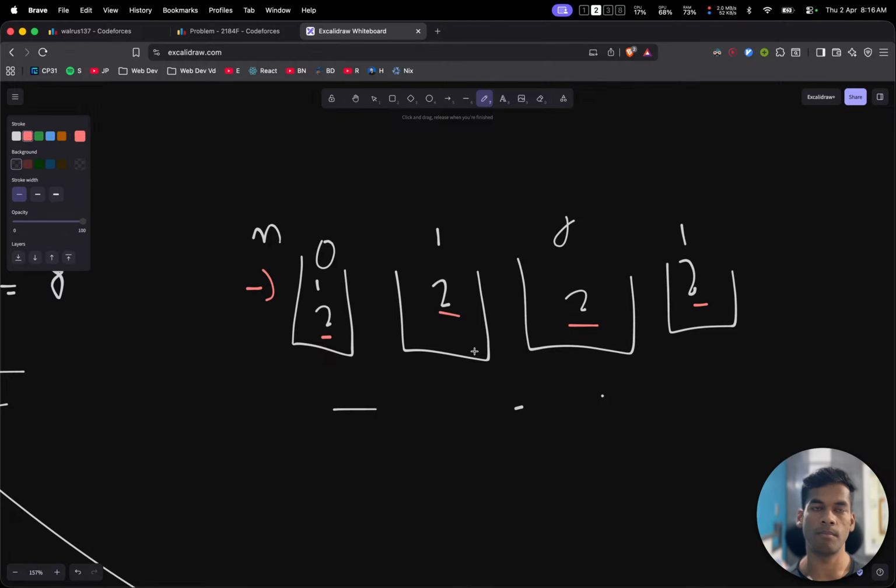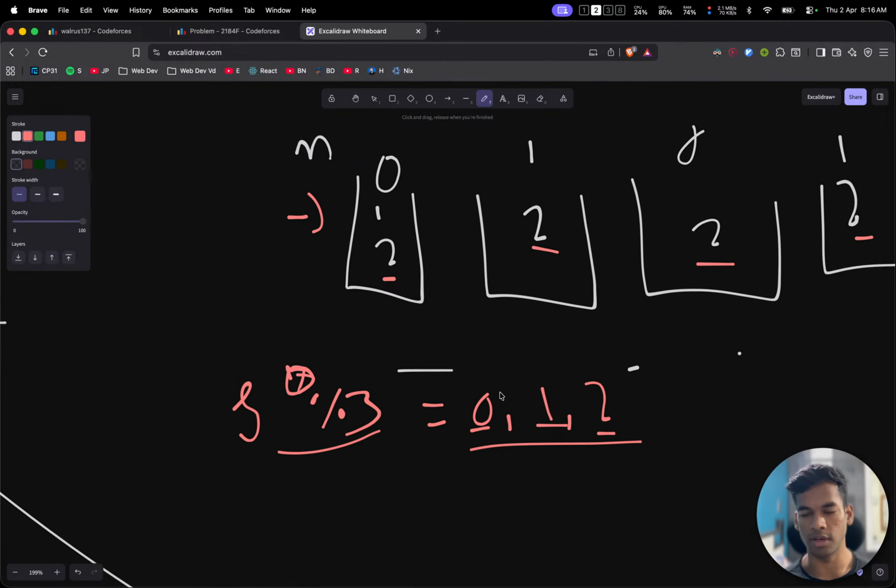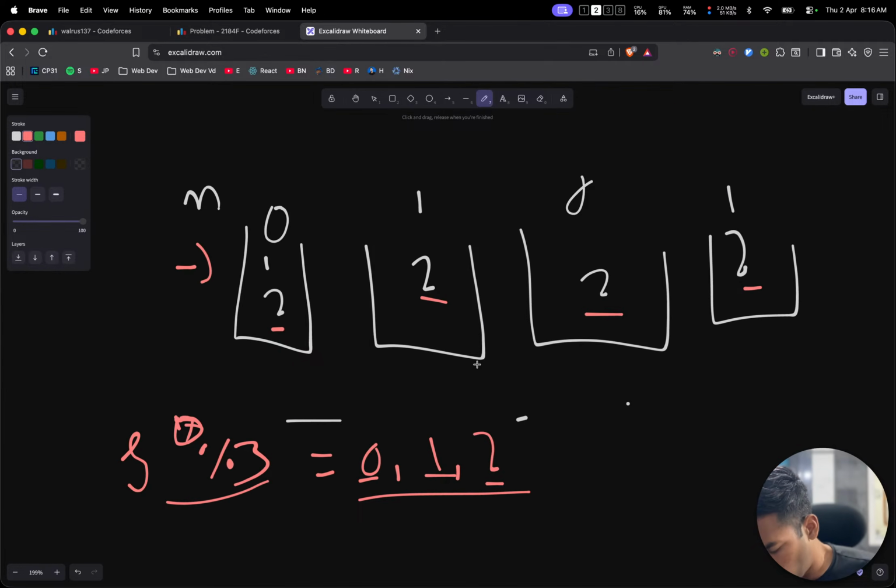the sum could have a remainder with 3 equal to 0, equal to 1, or 2. We have to see what are the possible remainders with 3 that we can get. One is always a possibility.